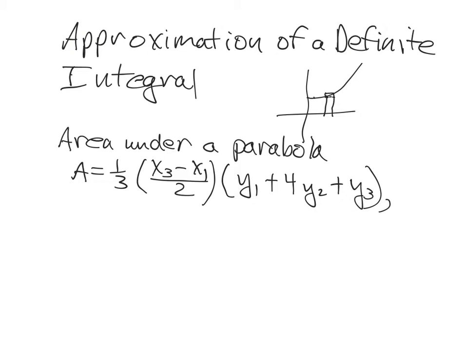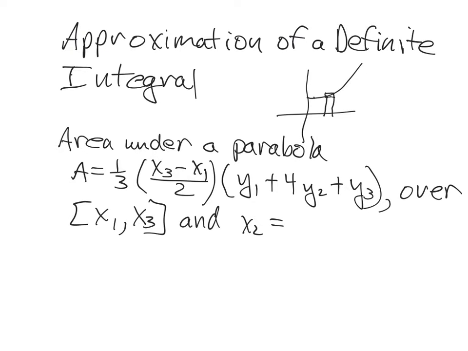The x1 and x3 are the endpoints of the interval we're looking at, and x sub 2 is going to be the average of those endpoints, or basically halfway between x sub 1 and x sub 3.